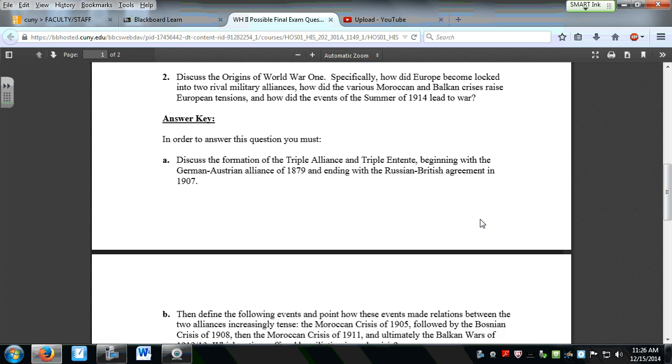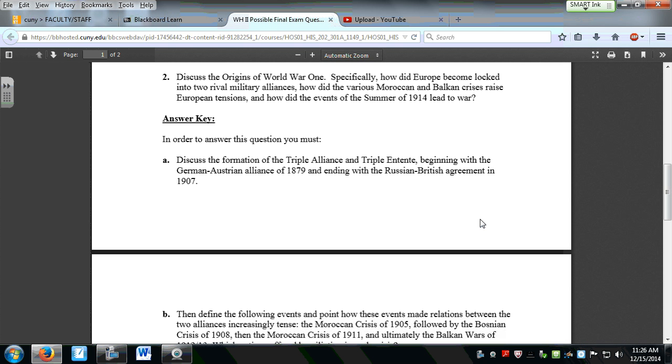Unless you're going to make it part of the answer of why World War I broke out, essentially don't waste your time writing about the conquest of Egypt, the conquest of the Sudan, the conquest of South Africa, unless you're using that to say this directly made relationships between European countries much worse, which then helped lead to World War I. Okay? So leave the imperialism part of chapter 28 out of your answer.